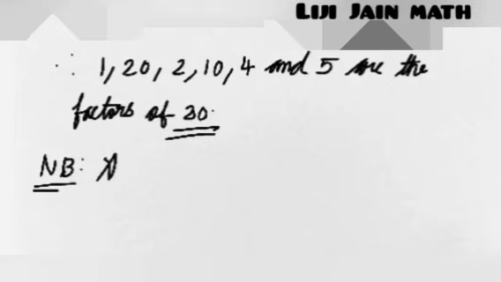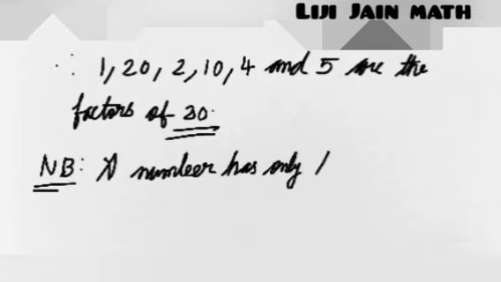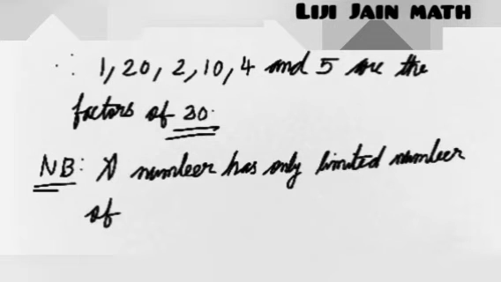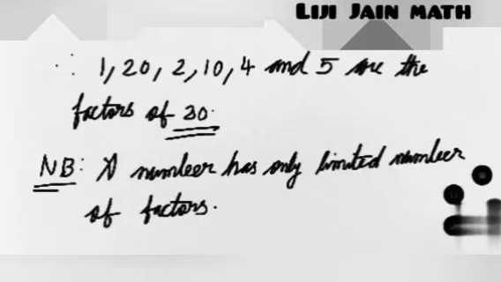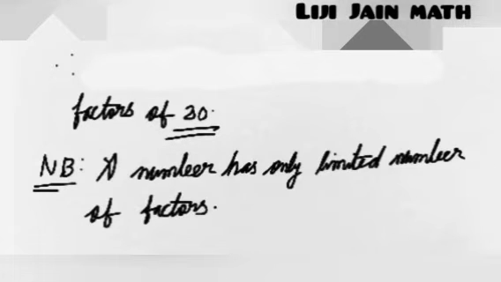A number has only a limited number of factors. This means we can count the number of factors of a given number. Understood?